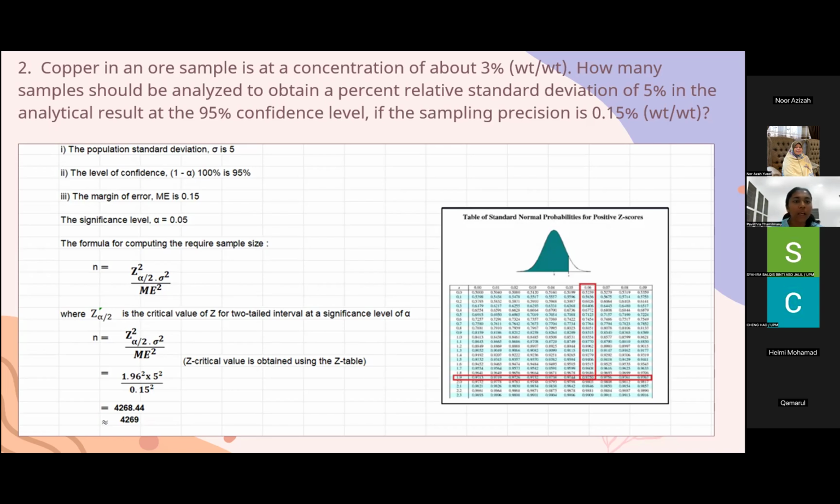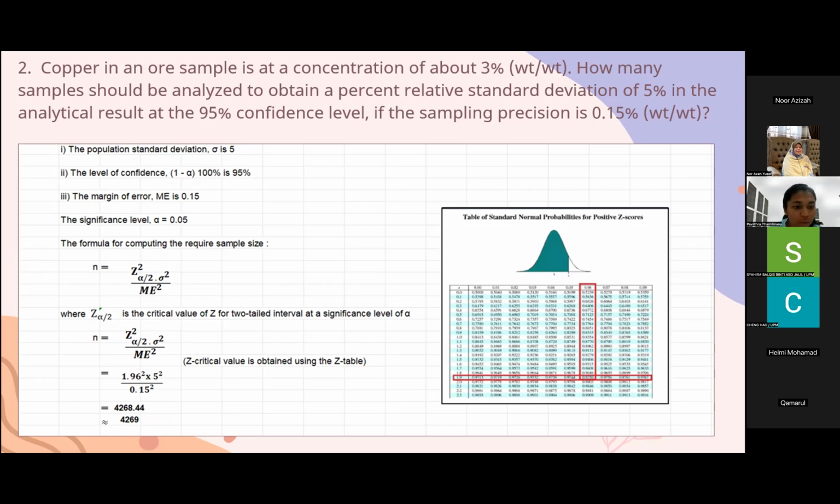For example, the population standard deviation is 5. Their level of confidence is 95%. They mention the sampling precision is 0.5%, as 0.15% is equal to the margin error, so the margin error is 0.15.